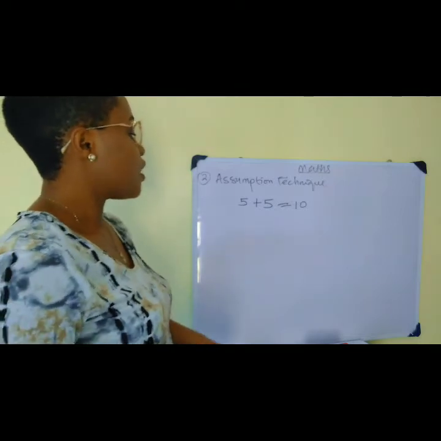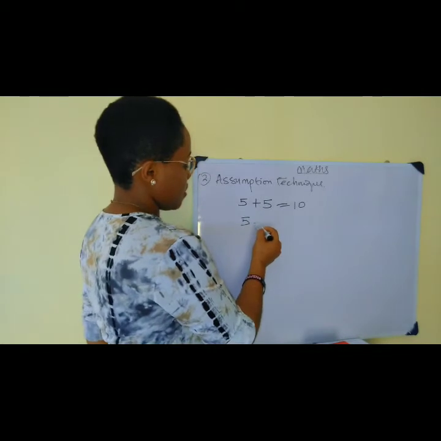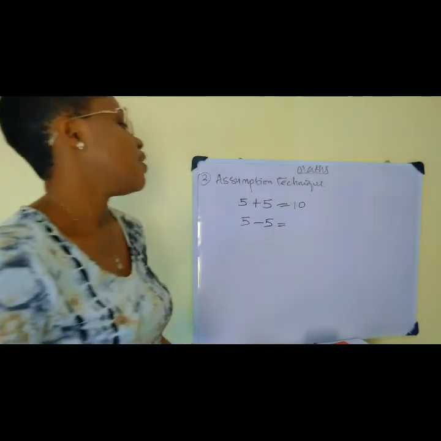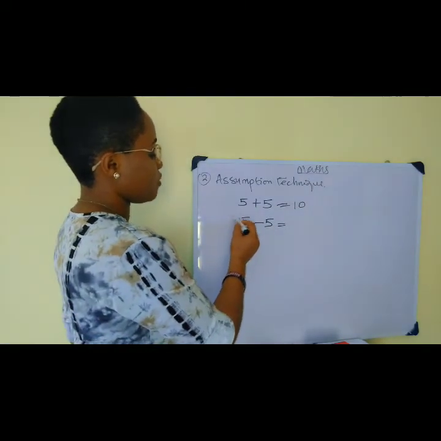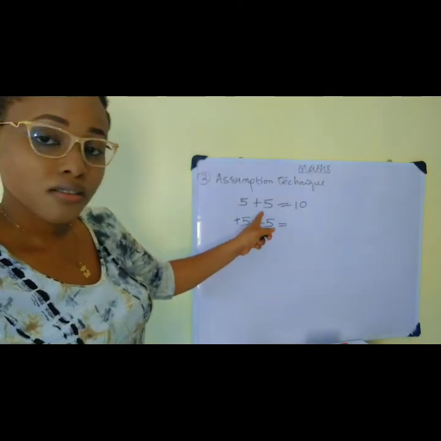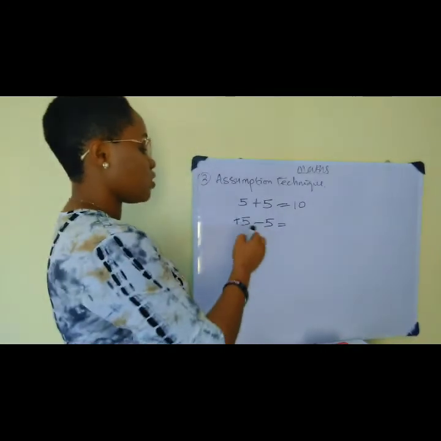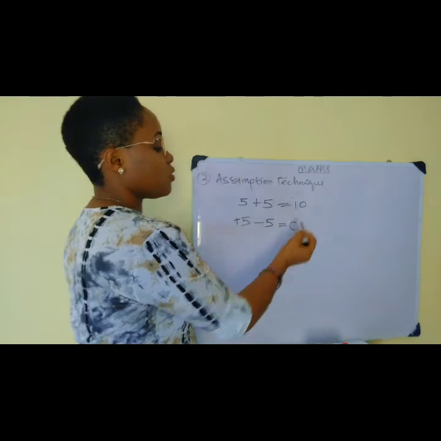And then if you have something like this, you have 5 minus 5. What this means is you have a positive 5 and you're owing somebody 5 as well. So when you pay off, you have 5 and you're owing 5. So when you pay off, what you have at hand is 0.